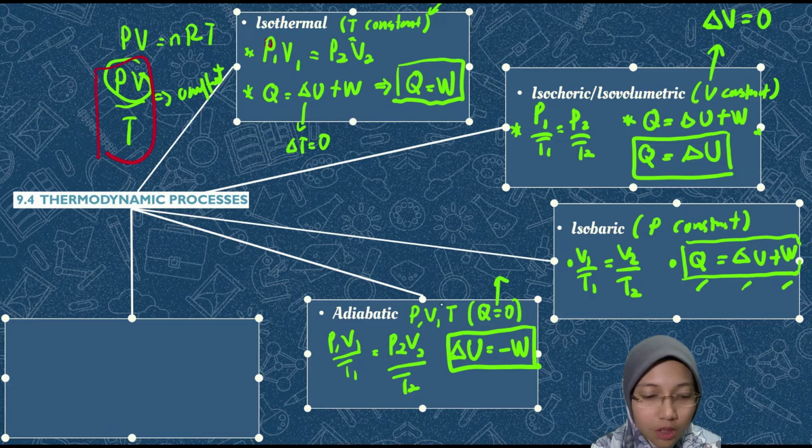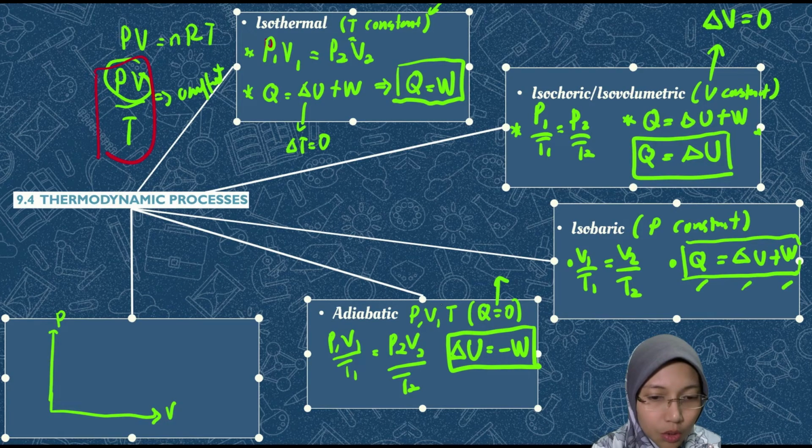The last one for thermodynamic process is that you have to be able to draw or sketch the graph of pressure P against V for thermodynamic process. So for isothermal, your graph must be a curve. If you have two curves in a graph, it means two temperatures are related.